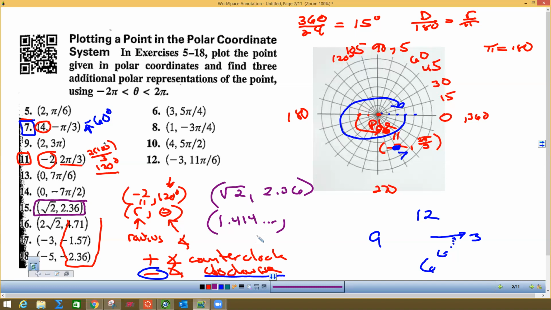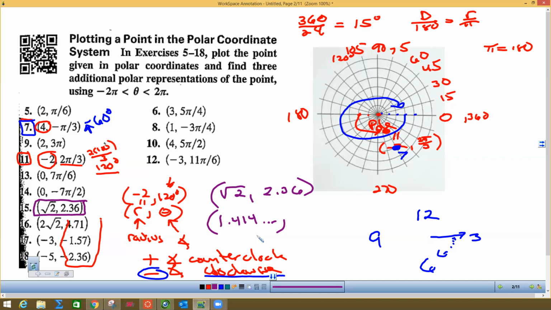I believe that's right, isn't it? Okay? Now, I want to find how many degrees 2.36 radians is.